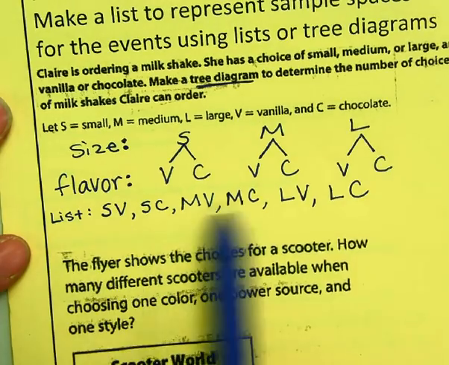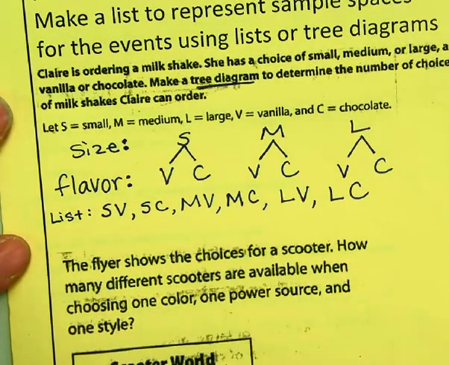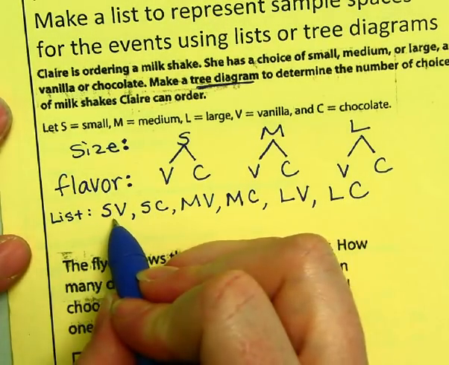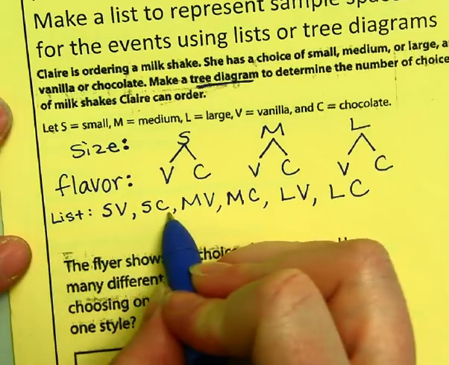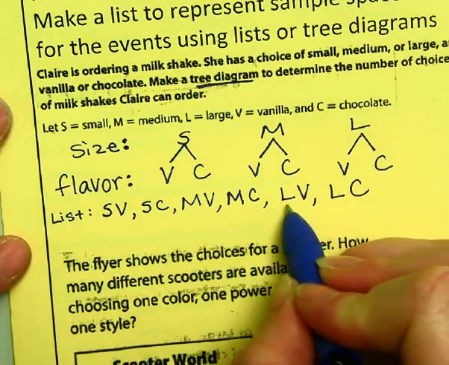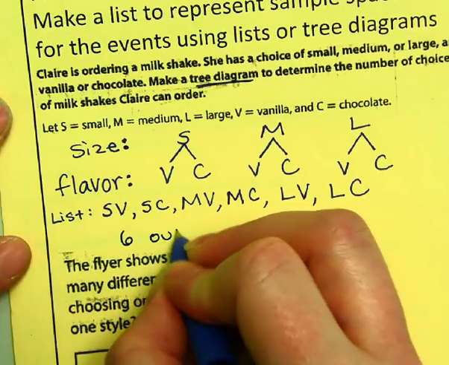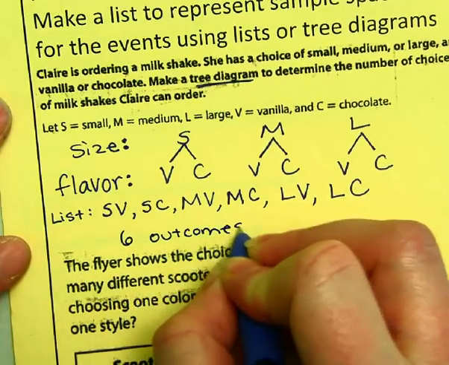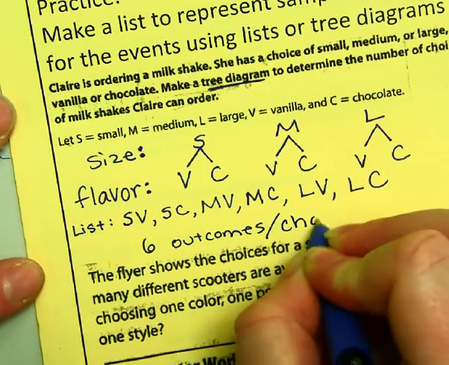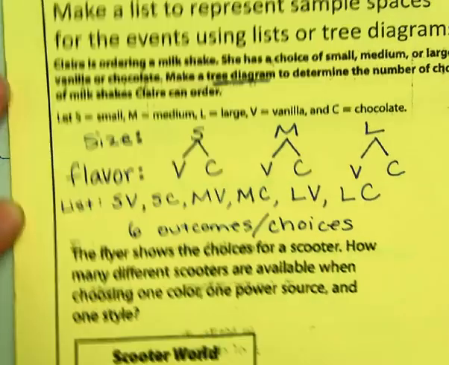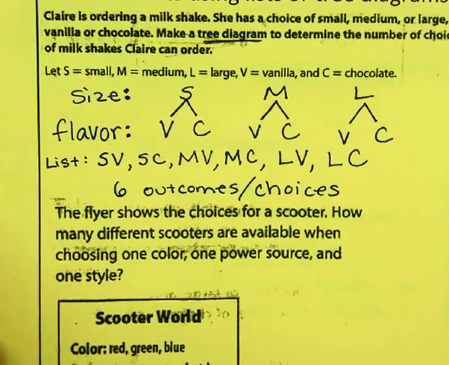So this is my list, and that's my tree diagram to get to that list. Now I count how many: 1, 2, 3, 4, 5, 6. So 6 choices, 6 outcomes. My sample space is 6.